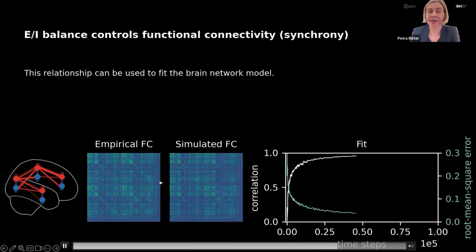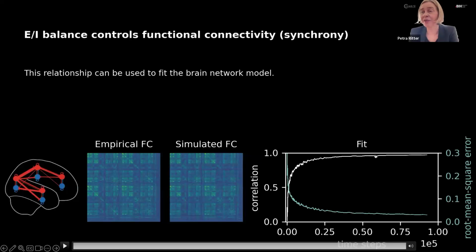This is the functional connectivity matrix of the empirical data. And this is a simulated functional connectivity matrix. And by applying this learning rule, the functional connectivity can be fully reproduced in the model, as you can see here.